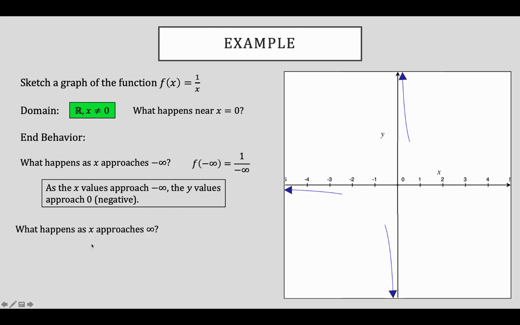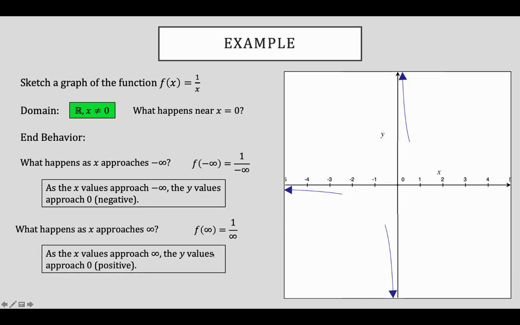Okay, what happens as x approaches positive infinity? Imagine trying to plug in infinity into our function. We would have 1 divided by an infinitely large number. And 1 divided by an infinitely large number, well, that is also going to equal 0. As the x values approach infinity, the y values approach 0, and in this particular case, they are going to be positive.